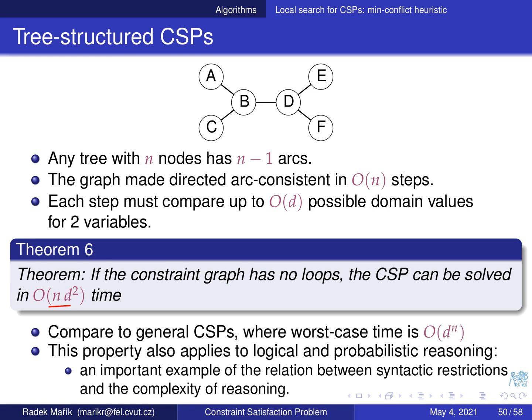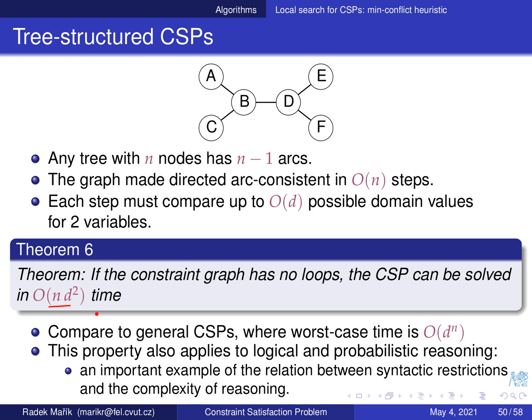This is how to transform such a graph to basically a linear sequence. And in each step, you need to compare domain values of two variables. So if the constraint graph has no loops, then basically we have this complexity, time n multiplied by d squared.